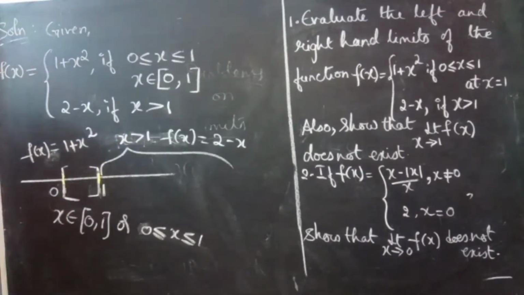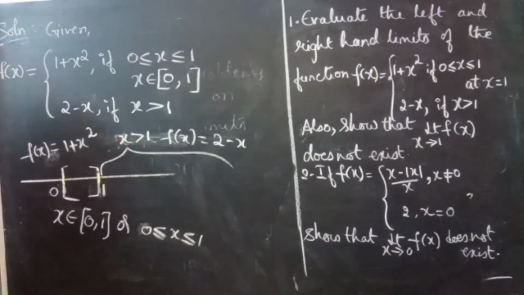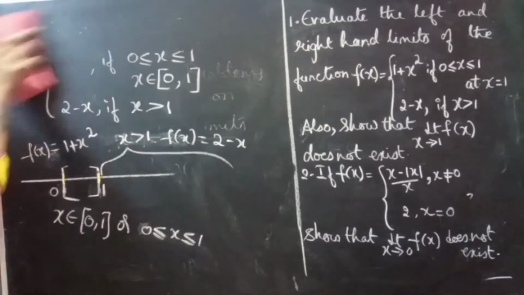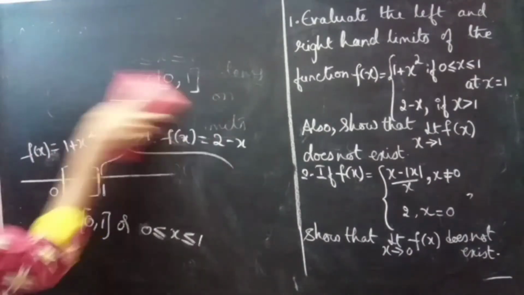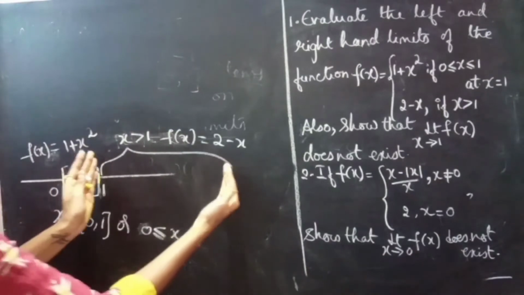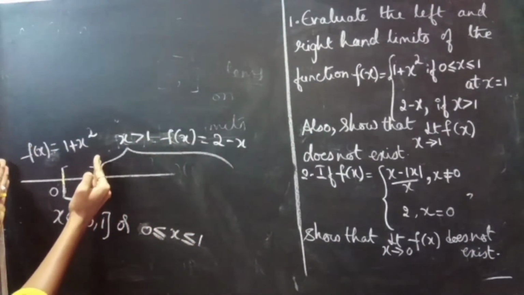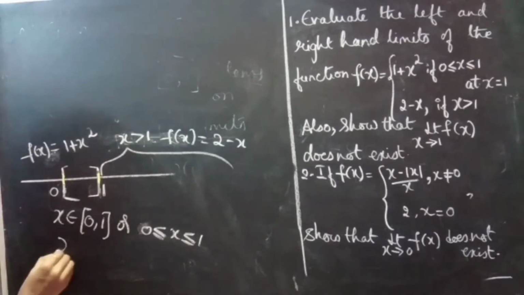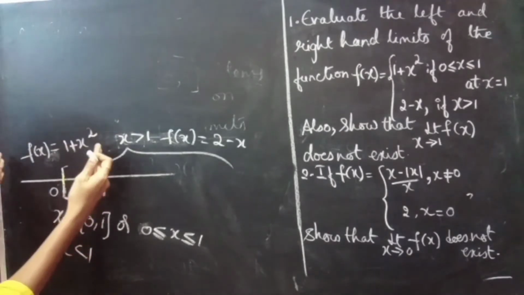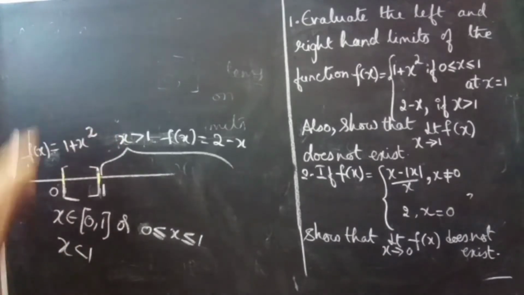So now using this, we are going to solve the problem. When x is greater than 1, you will consider this function. When x is less than 1, you will consider this function f of x equals 1 plus x square.